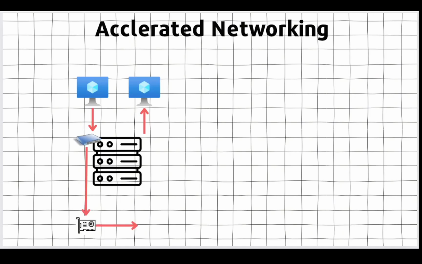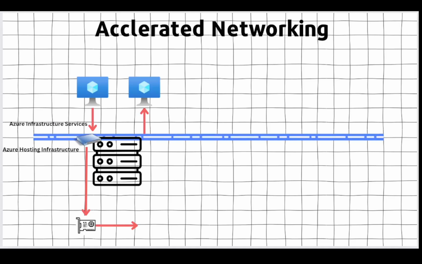There is a switch and a network card attached to your virtual machine. The network card communicates via Azure hosting infrastructure to the virtual machine. There are a lot of hops in between. The virtual machine's NIC basically uses the switch to perform the communication.